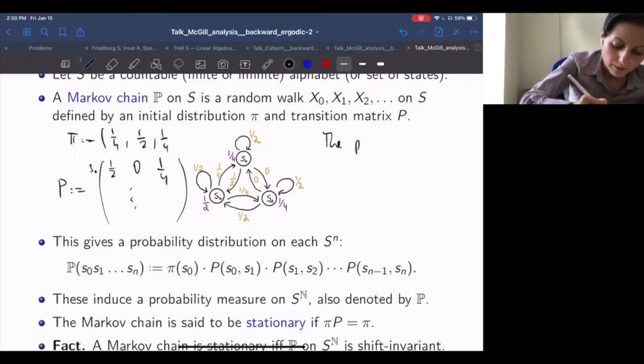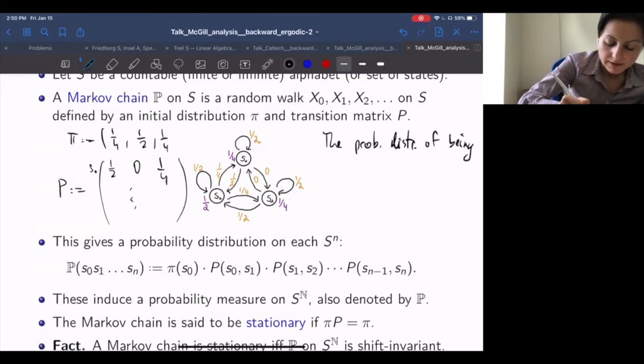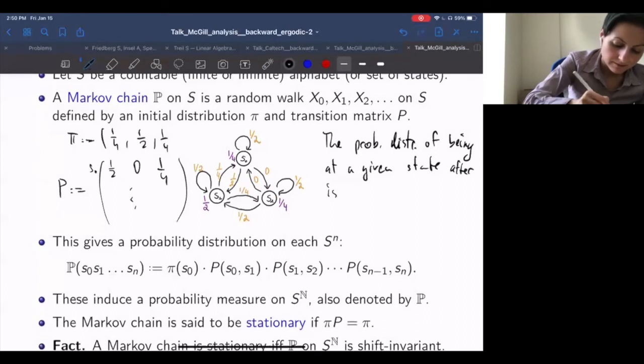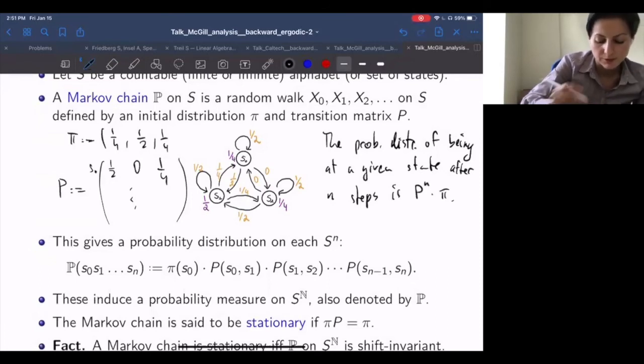So the probability distribution of being at a given state after n steps is just you apply this transition matrix n times to the initial distribution.